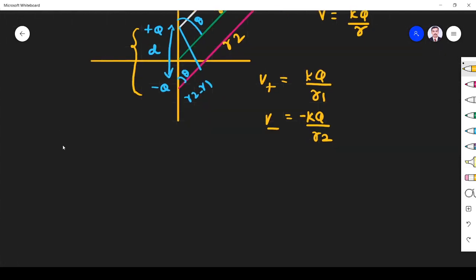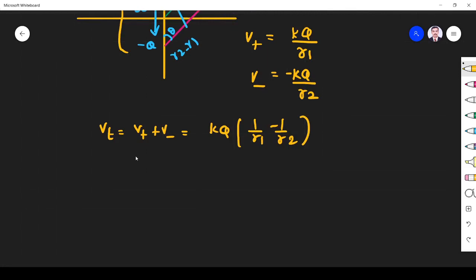Total potential I can give as Vt is equal to V plus V minus, that is given by Kq into 1 by R1 minus 1 by R2. Okay. Now let us simplify this. This will become Kq into R2 minus R1 divided by R1 R2, right?